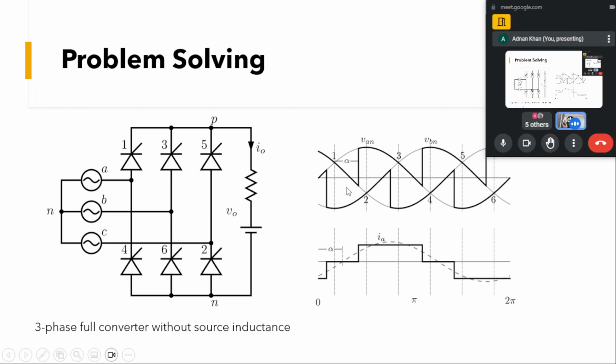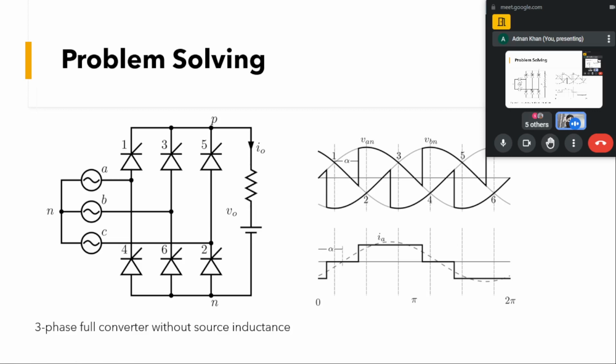The waveform of this current is a quasi square wave, which has a fundamental, and you can see the fundamental has a phase shift of alpha from the voltage, because we are turning on the devices at an alpha.